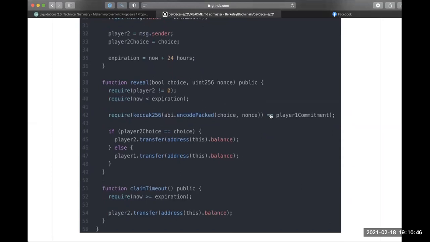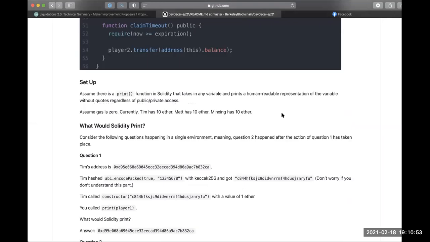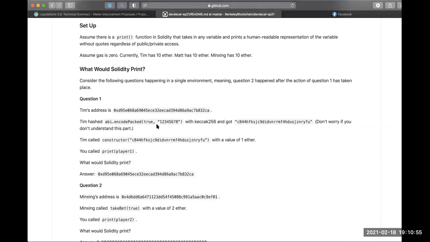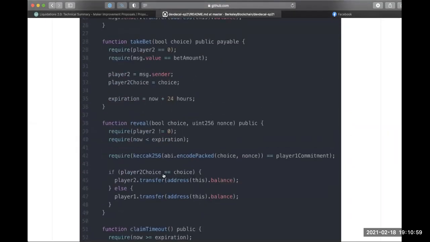And then we want to require that, which should pass as well, because the ABI encode is equal. So if player 2's choice is, Matt chose false, and the choice is true, that's false.